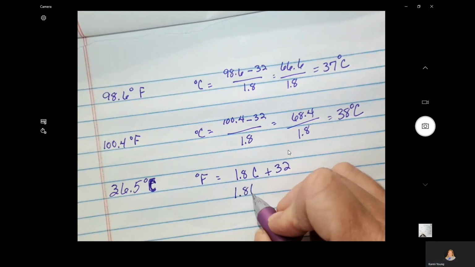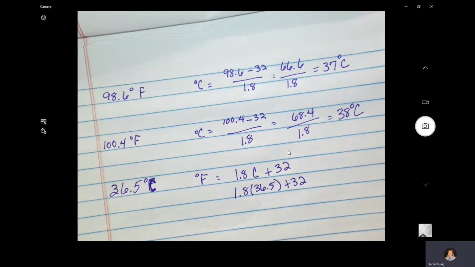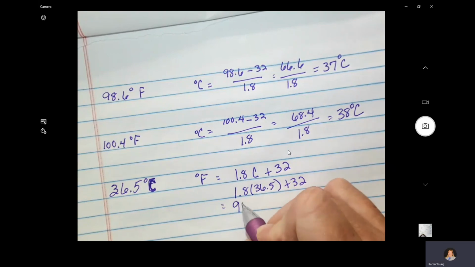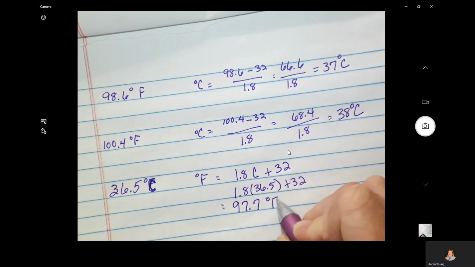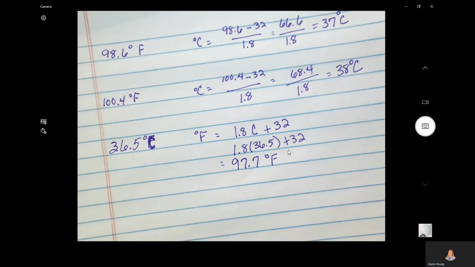So 1.8 times the 36.5 plus the 32, and I get 97.7. So could we consider that person to have a normal body temperature? Kinda. Maybe. He may be a little on the cold side.